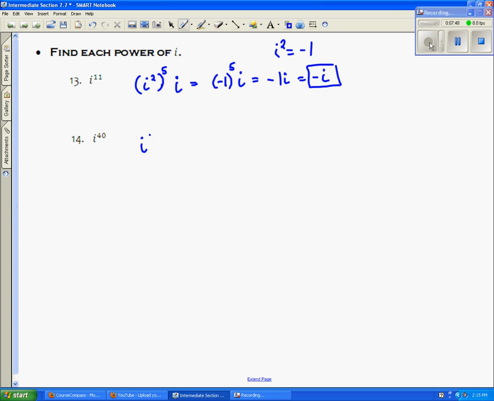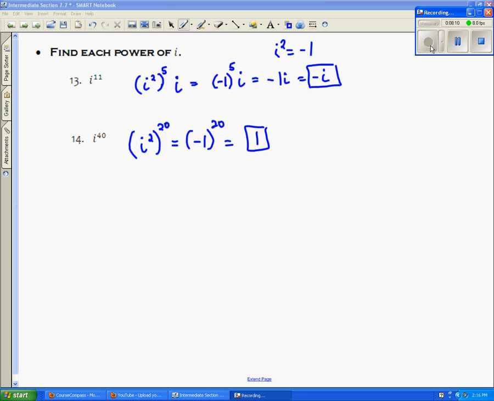Number 40, if we can rewrite negative i to the 40th power using an i squared, we can rewrite it using our power to a power rule. 2 times 20 is 40, so that represents our 40. i squared is negative 1, so that becomes negative 1 to the 20th power, which is just positive 1.